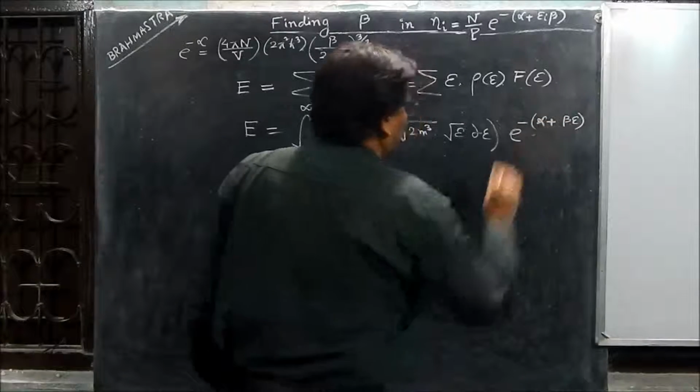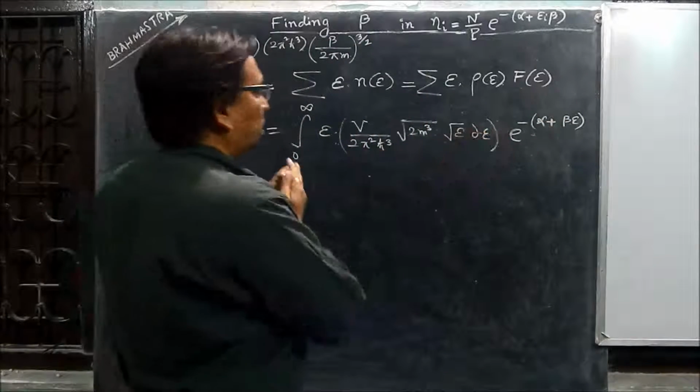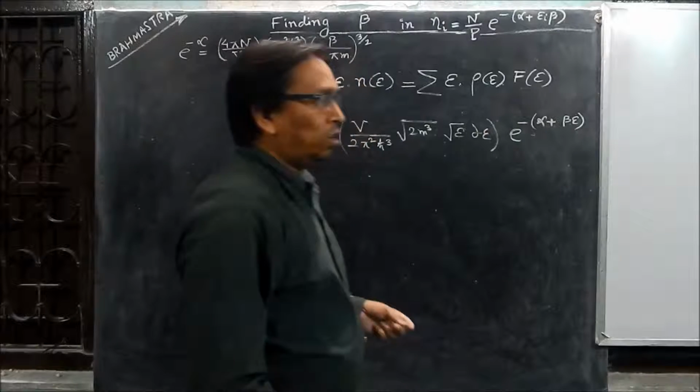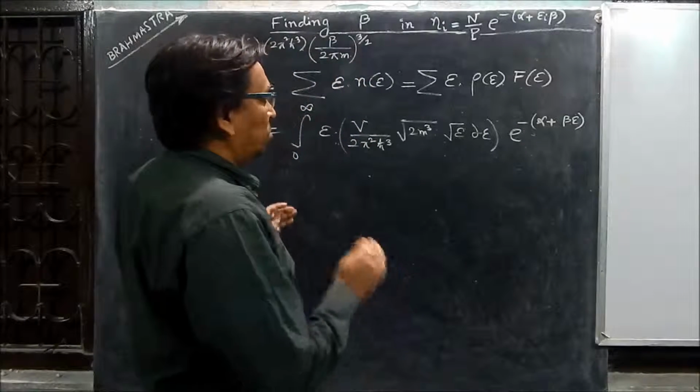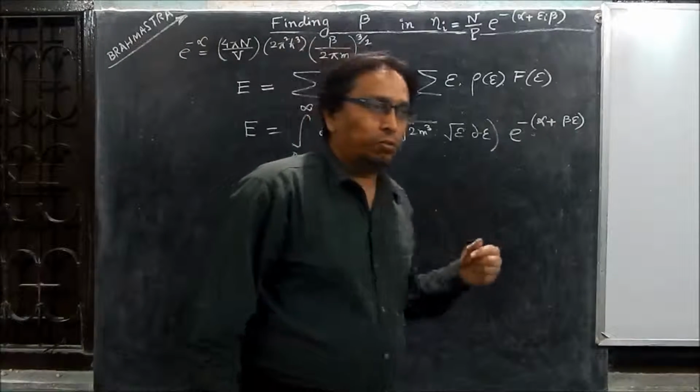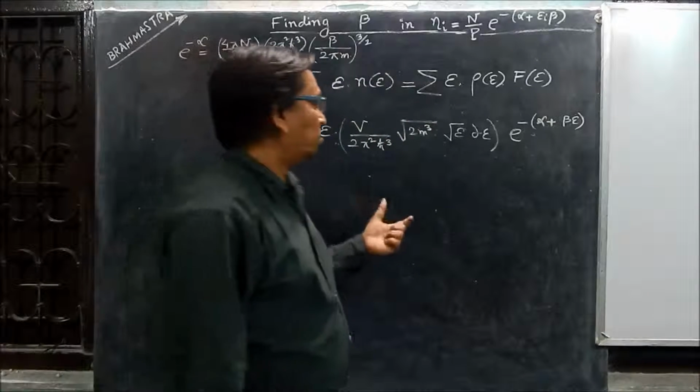If we integrate this total thing, according to Boltzmann's concept the value should be 3 by 2 n kBT. That is to be checked here.